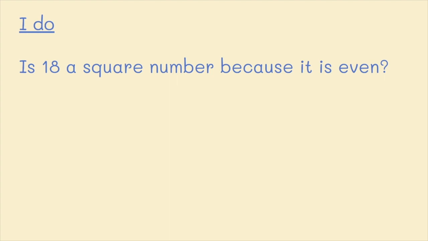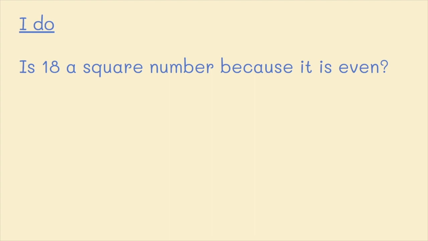Is 18 a square number because it is even? Well, first of all, it doesn't matter if a number is odd or even when we think about square numbers, okay? Whether it's odd or even has no bearing on whether it's a square or not.